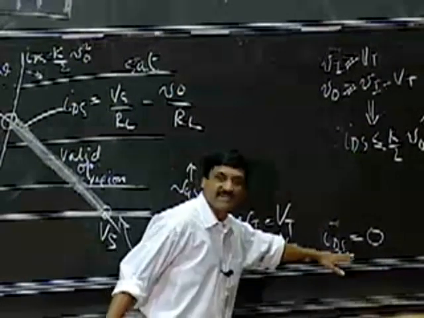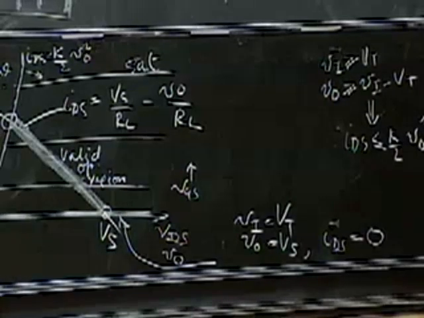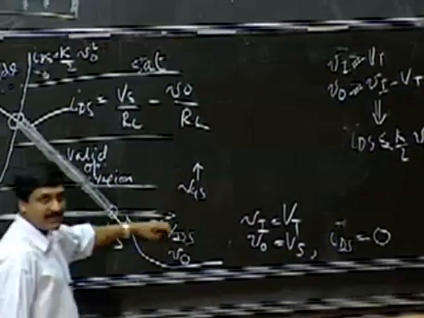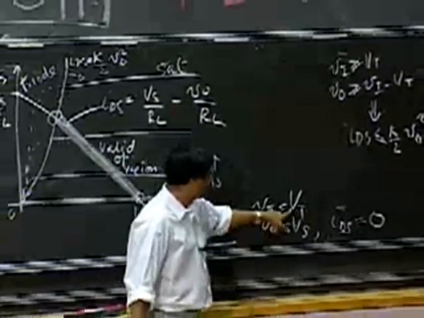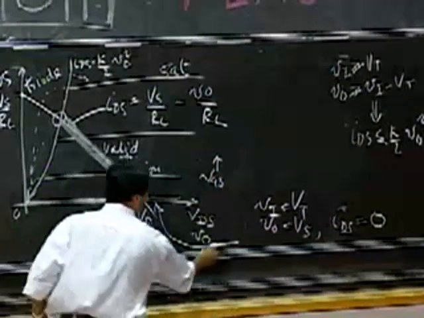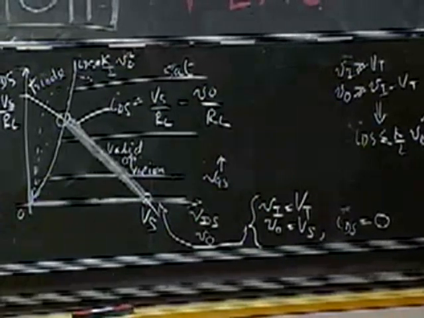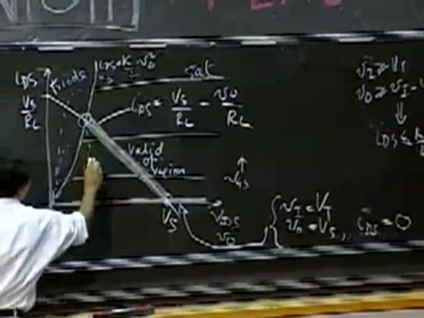So V naught and IDS being VS and 0 correspondingly are the output operating parameters when VI equals VT. Okay? So that's one point. And let's find out what this point is.